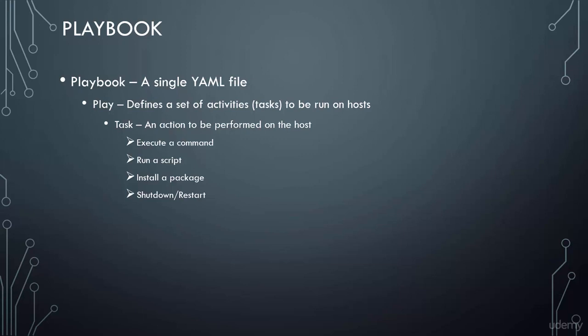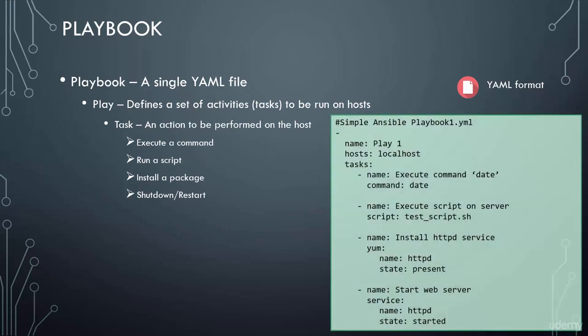Let's take a look at an actual playbook. Shown here is a simple playbook that contains a single play named Play1. The goal of this play is to run a set of activities one after the other on the local host. Remember that the host you want to run these actions on is defined at the play level.